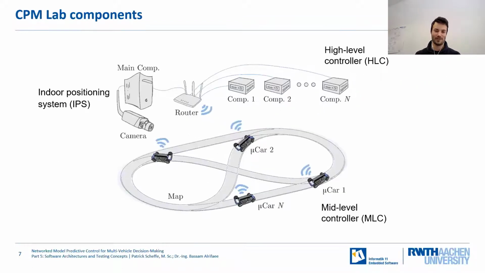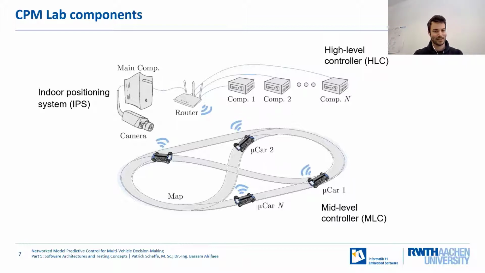Here we work with ground vehicles, as Bassam already said. And here's an abstract illustration of the Cyber Physical Mobility Lab. I will talk about the components more later, but here, just to give you an impression, I will again stick to this sense, plan, act paradigm.